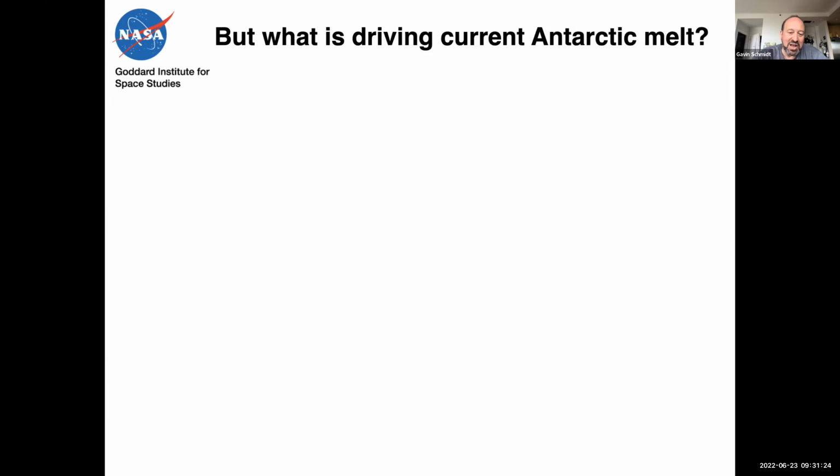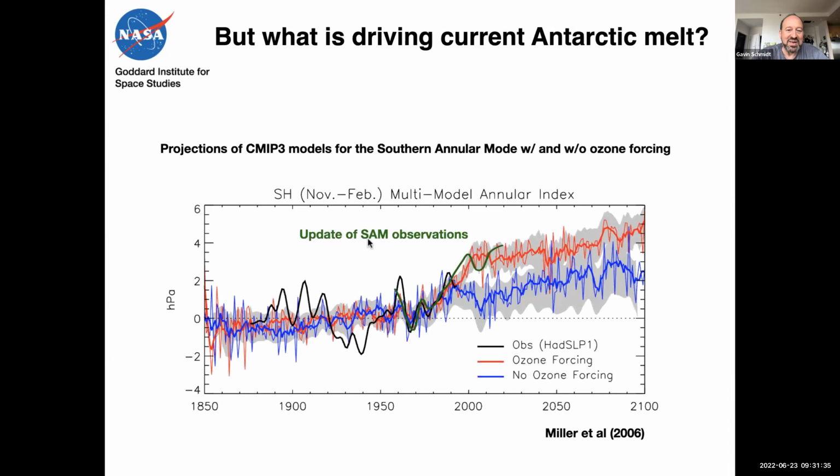And here I'm going to dig back into GCM prehistory and show a result from CMIP3, which I find remarkable. This is a graph that appeared in Miller et al. 2006, where we were looking at the impacts on the annular modes of various configurations of the GCMs, and CMIP3 was interesting because half the models had ozone and ozone hole forcing, and half the models did not.